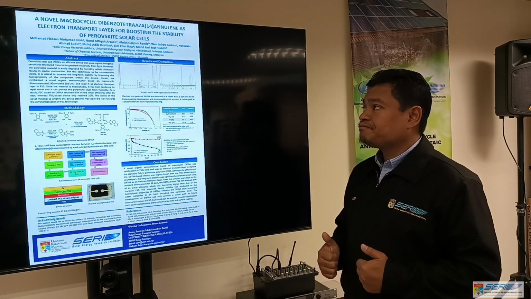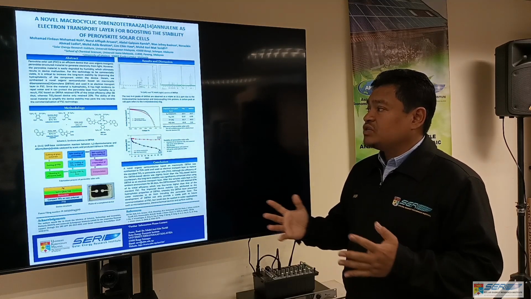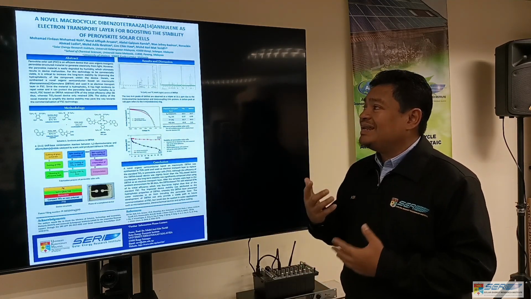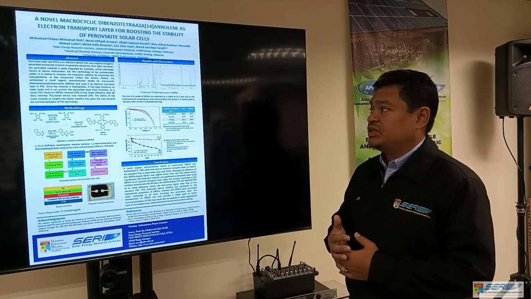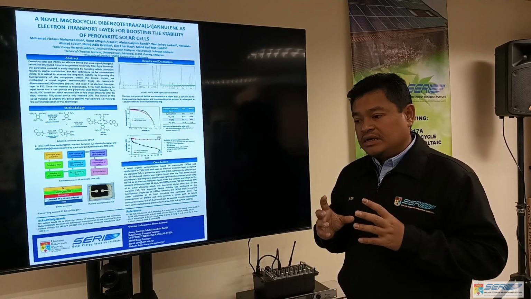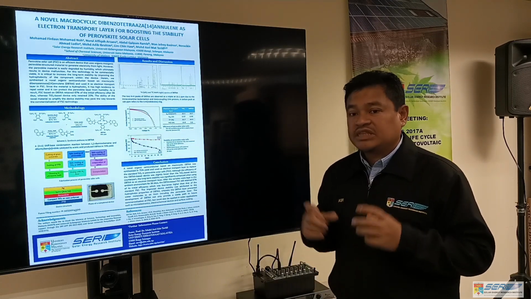As we mentioned before, the perovskite solar cell is an organic-inorganic device, because we are using a perovskite structure material to generate electricity. As I mentioned, the main issue in the perovskite solar cell is stability.